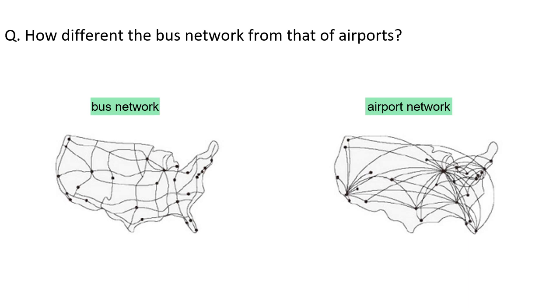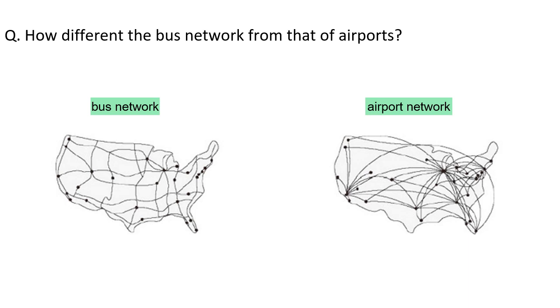Here are two networks. One is a bus network. The second is an airport network. You can see the difference between the two networks. However, in physics or mathematics, you have to introduce some measure for the difference of two networks.